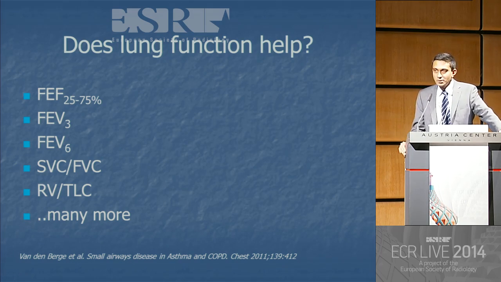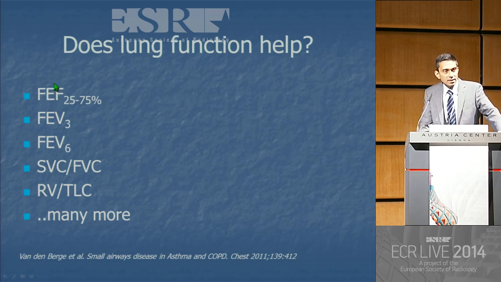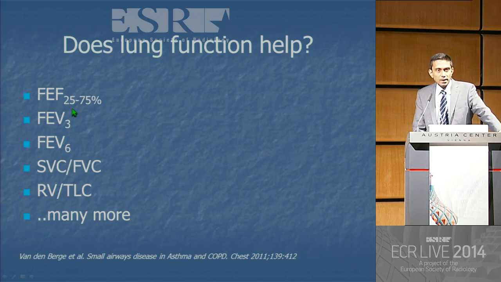But the clinicians in our institution tell me that they rely on the forced expiratory flow rate in the mid-expiratory cycle as being the most reliable indicator of small airways disease when it comes to looking at lung function parameters.